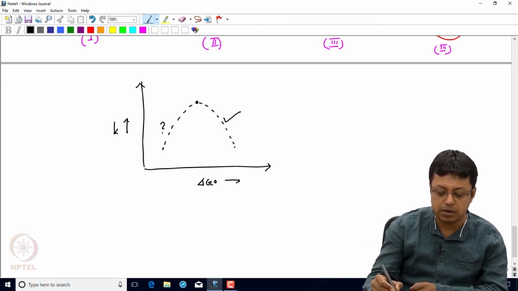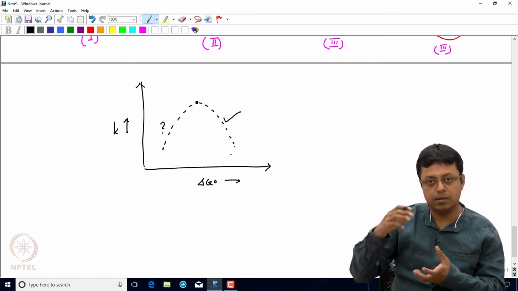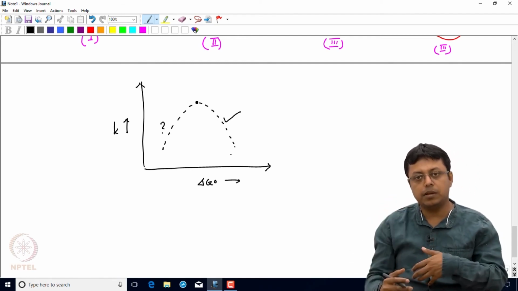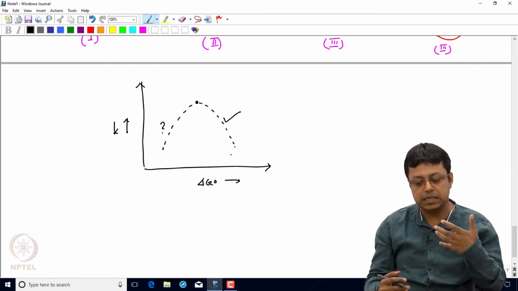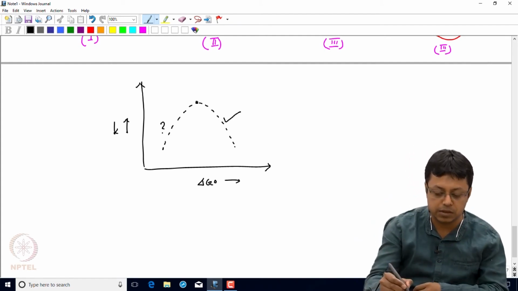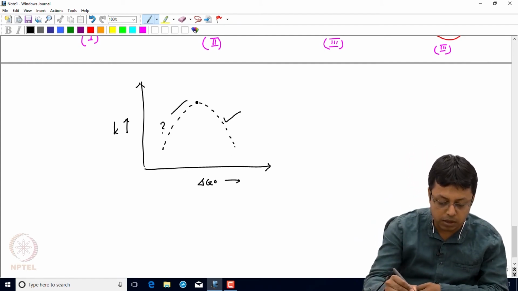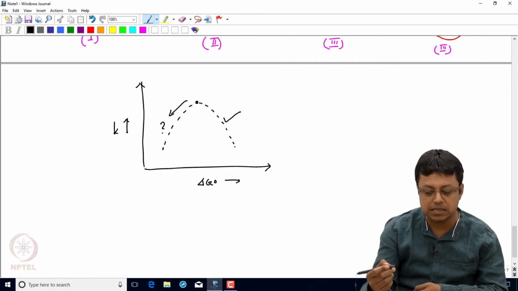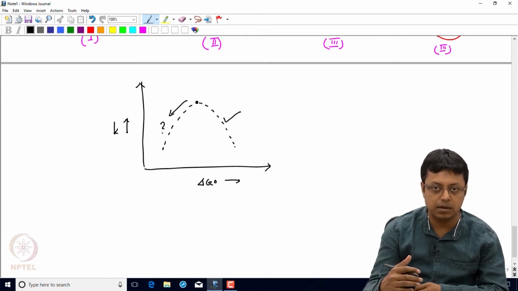It was contrary to the belief that if I decrease the free energy gap, the reaction rate will increase. But what Marcus theory showed is that the reaction rate will again fall in this region, not increase, if I further decrease the free energy between the reactant and the products.